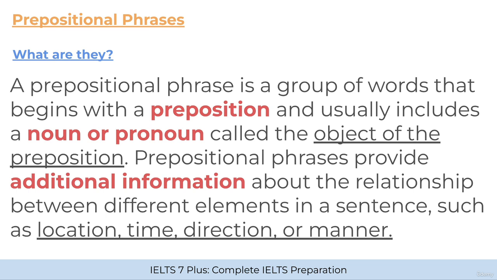So a prepositional phrase is more than just one preposition. It has other elements that provide additional information about the relationship between all of the different parts of the sentence. So just like how verb phrases include other elements, noun phrases have other elements, so do prepositions, and we can call them prepositional phrases.